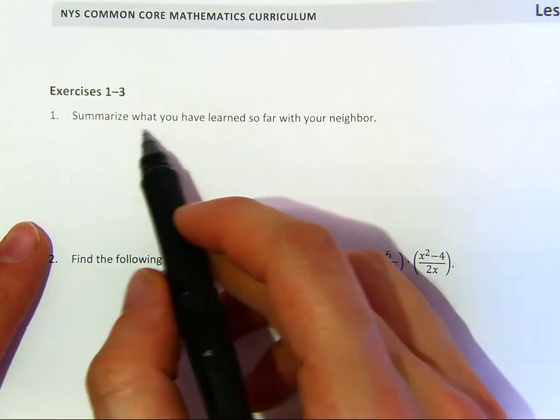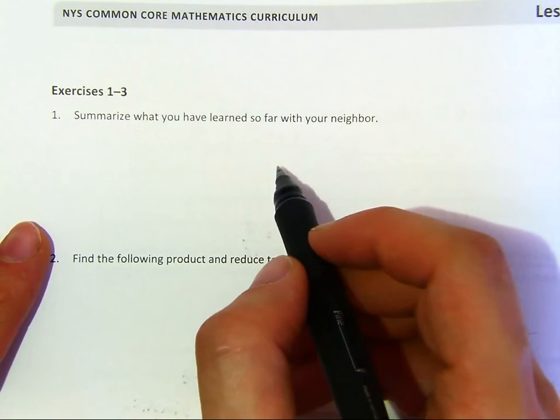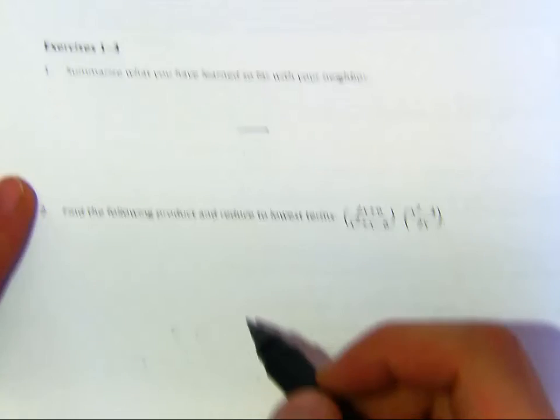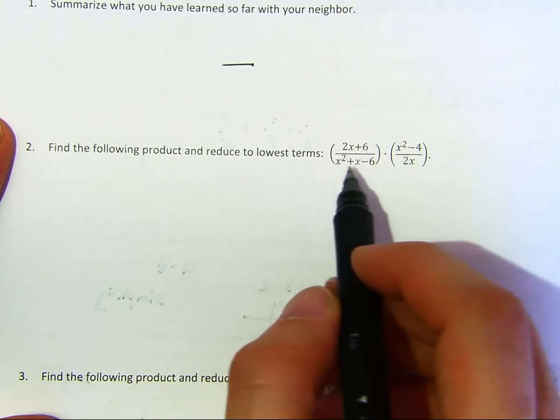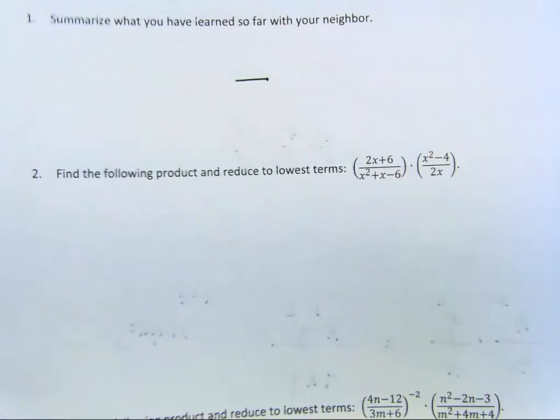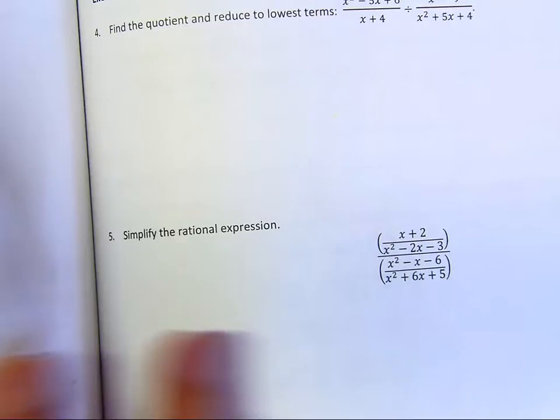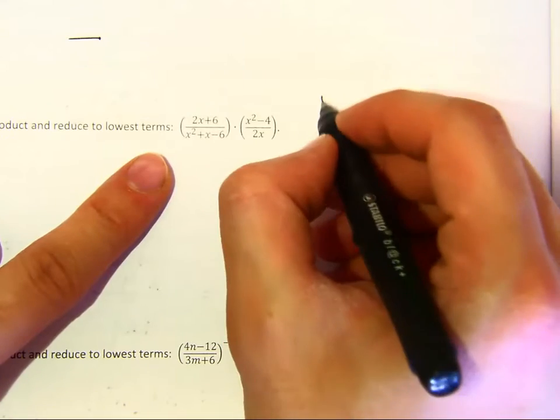See, this chapter will be very straightforward. So here it says, summarize what you have learned with your neighbors so far. Okay, forget that one. Here it says, find the following product and reduce it to lowest terms. So the same idea that we had with this question down here, that's what I want you to do.